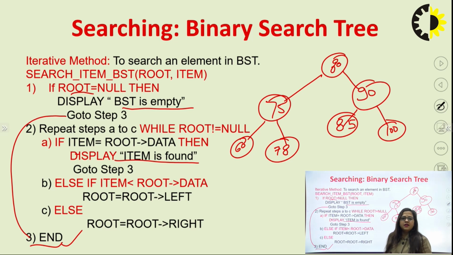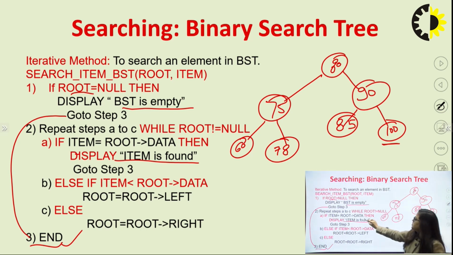Let's suppose your item is 100, then move to left or right. First of all check that it is not null. Now check: the item is 100 right now, so if the item is less than the root, then move to the left direction, otherwise move to the right direction. Let's suppose we want to find this number. First check whether it is empty or not. It is not empty.